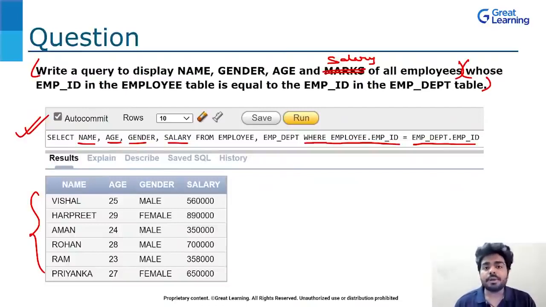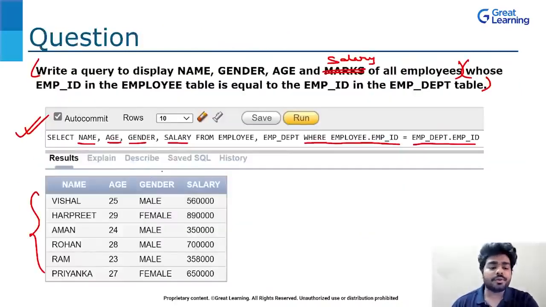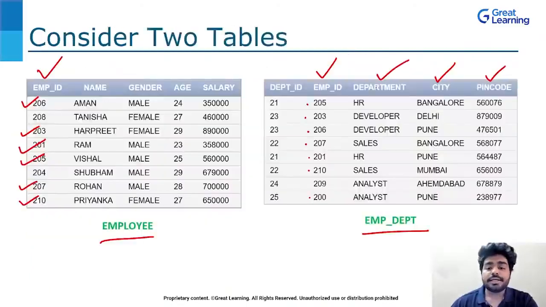But the problem here is, what if I want to show the department, city, and pin code also in the result? Till now, we were only showing name, age, gender, and salary. But now I want to show the columns of another table also. Then what you have to do?